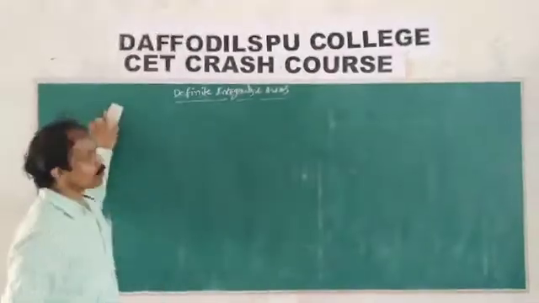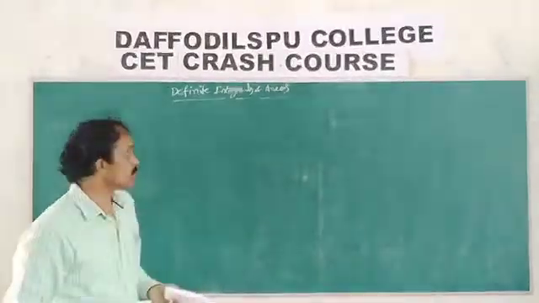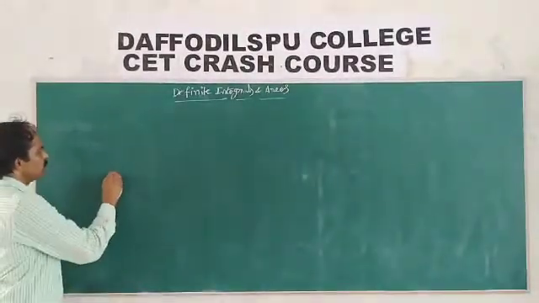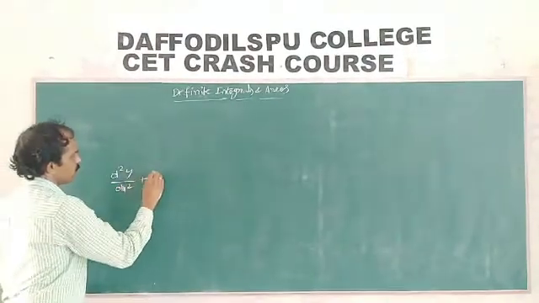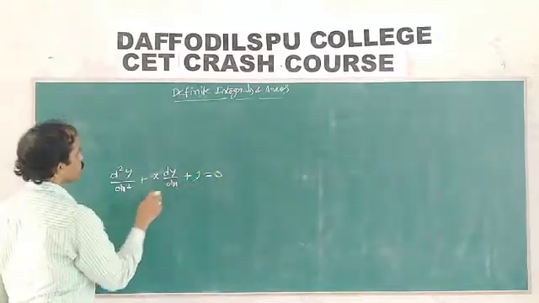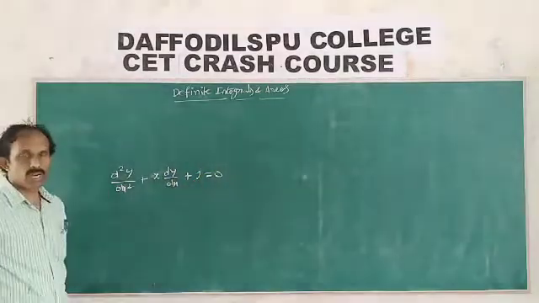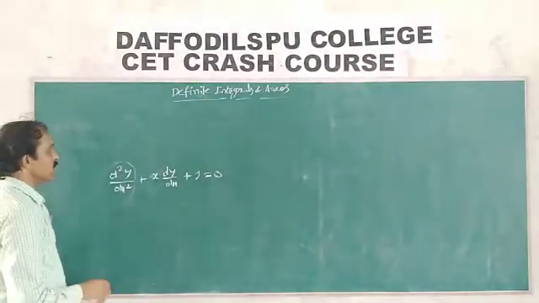In this concept we will find order and degree. What is order? Suppose d square y by dx square plus x into dy by dx plus y is equal to something. The highest derivative is called the order. What is degree?